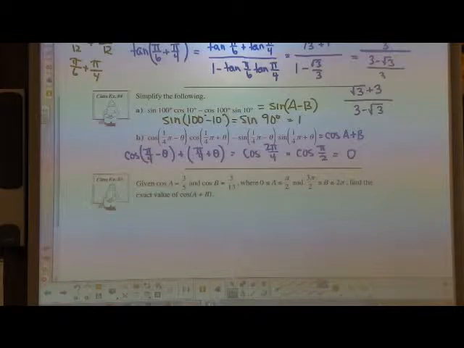Okay, the last one. Given that cos A equals 3/5 and cos B equals 5/13, where A is between 0 and pi over 2, and B is between 3 pi over 2 and 2 pi, find the exact value of cos A plus B. What do you think we should do first?